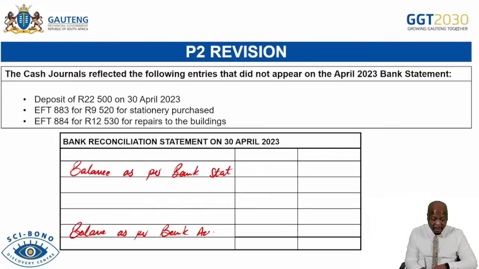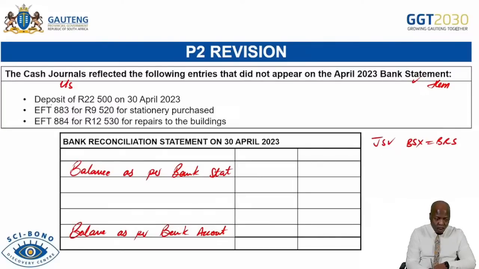That is what we have agreed for this lesson. And then we are now told cash journals reflected the following entries that did not appear on the bank statement. So they are in the cash journals by us, and they are not on the bank statement by them. Once you have a situation like that, where an amount is in the journals, but the amount is not on the bank statement, you bring that to the BRS.